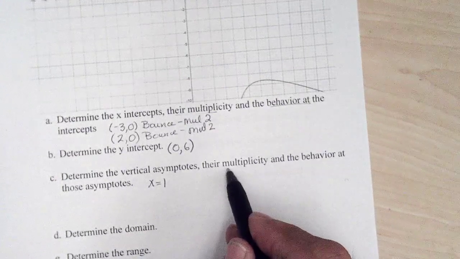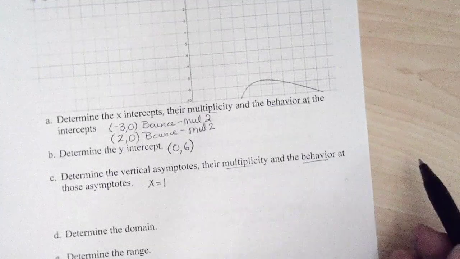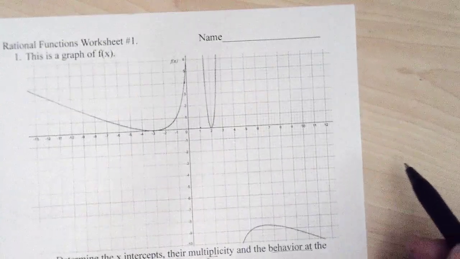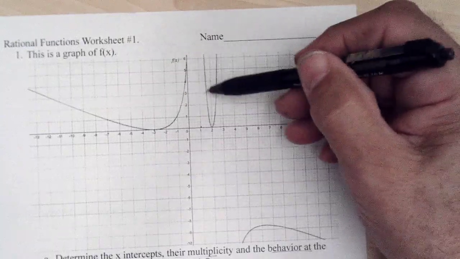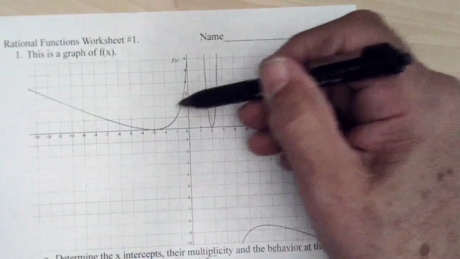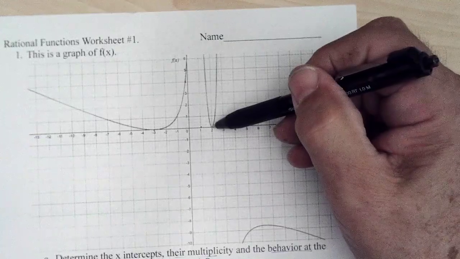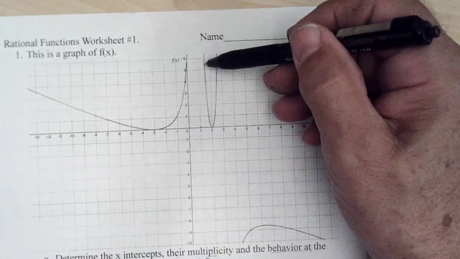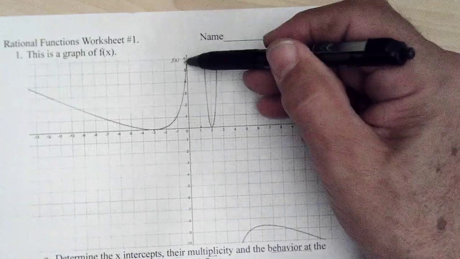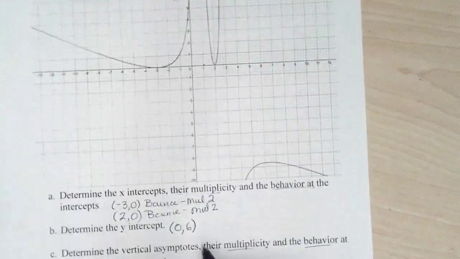And I asked for the multiplicity, which is given by the behavior. Now at vertical asymptotes, we're looking at whether, as we get closer to 1 from either the positive or negative side, what does this graph do? Well, both branches, or the graph on both sides, head up. They both go in the same direction.